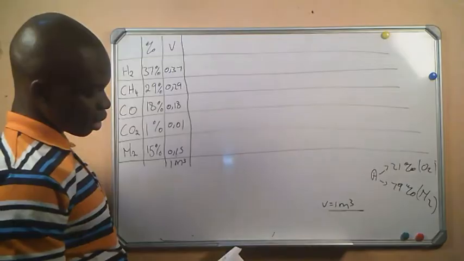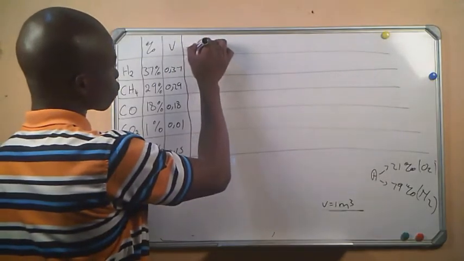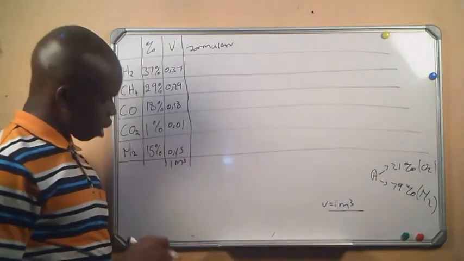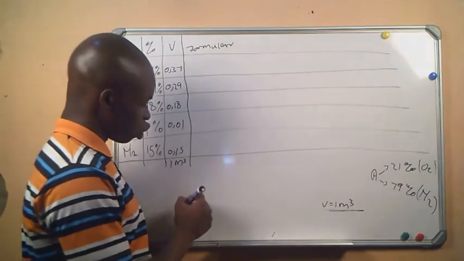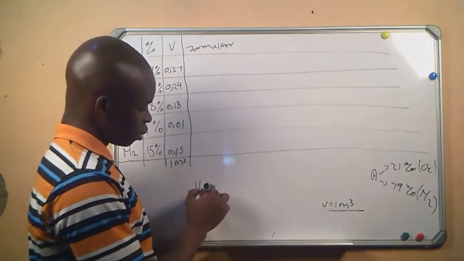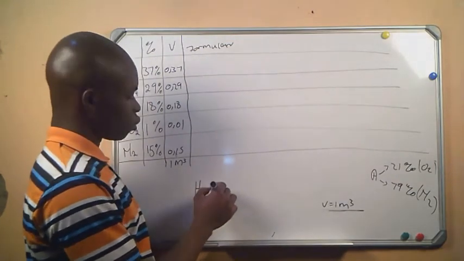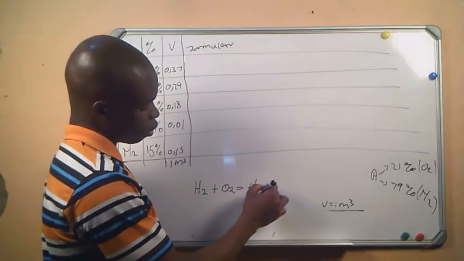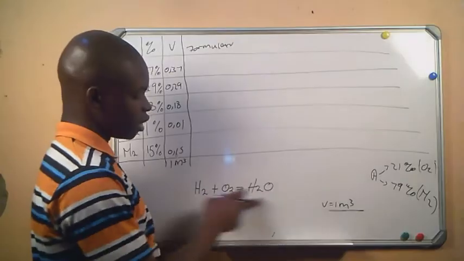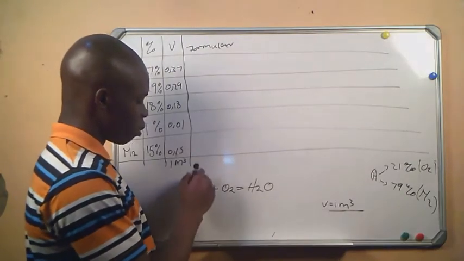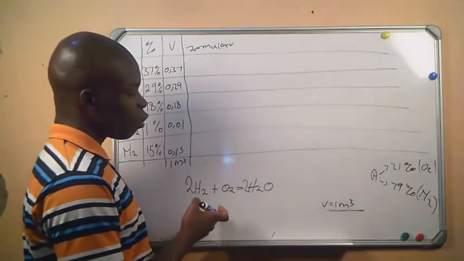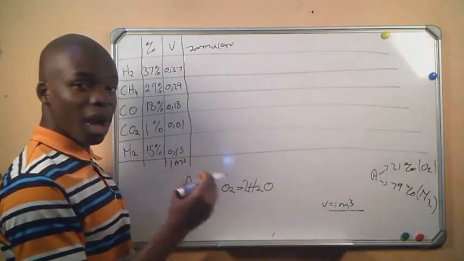And then we go to the next column. The next column is the formulas. First, for hydrogen: H2 plus oxygen will give us water, which is H2O. This formula is not balanced, so we must balance it. We are considering the number of molecules.